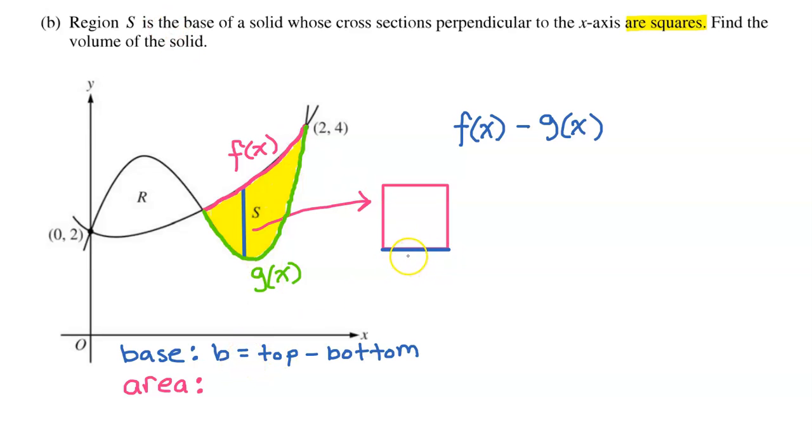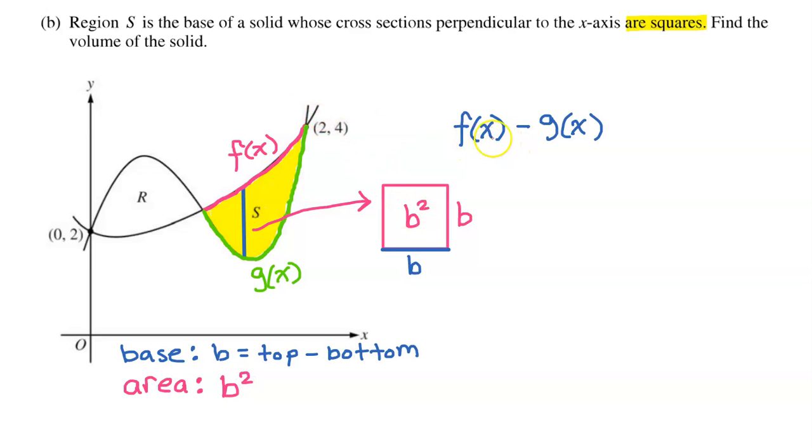And I'm just going to call this B for a moment. If the base of the slice is B and the slice is a square, well, the area is going to be B squared because it's a square. So if the base is B, then all of the sides are B. So the area is B times B. So in this case, the area of a single slice is going to be B squared.